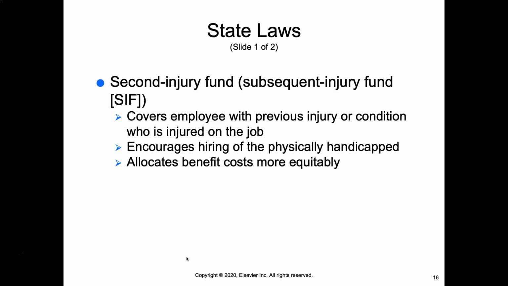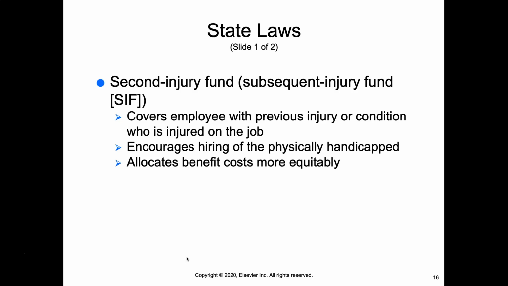Okay, so if you have a previous injury or condition and then you're injured on the job on top of it, and your disability is now greater than it would have been if you just would have had the second injury without any previous injury or condition, that is the definition of a second injury fund eligibility.